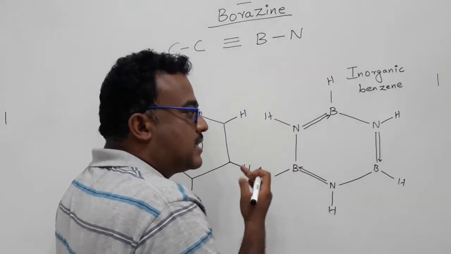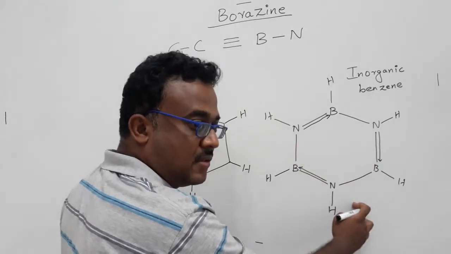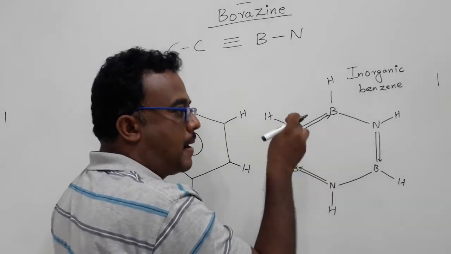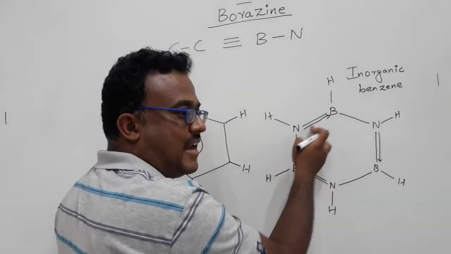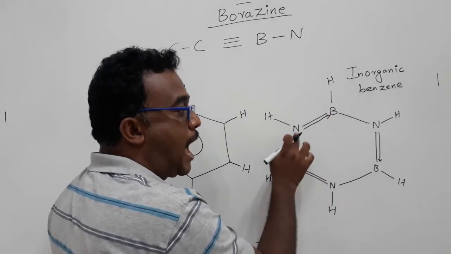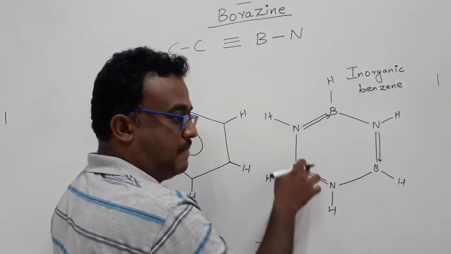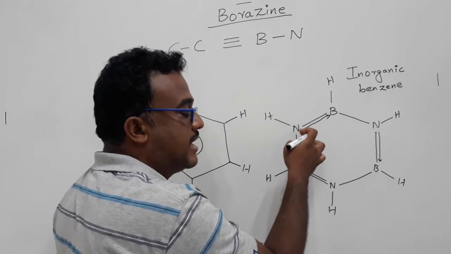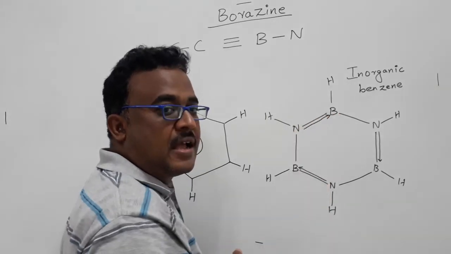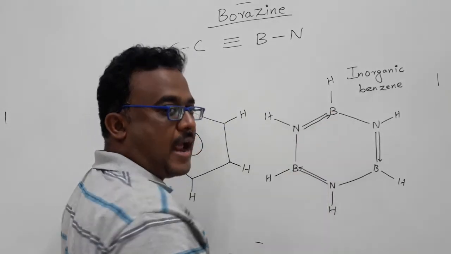So the electrons are not delocalized that efficiently in borazine. So instead of putting a circle, most appropriately put a coordinate covalent bond between the boron and the nitrogen atom, and the arrow should point towards the boron atom. That means the electron density is richer in the nitrogen atom, and the density is moving towards the low electron density of the boron atom.